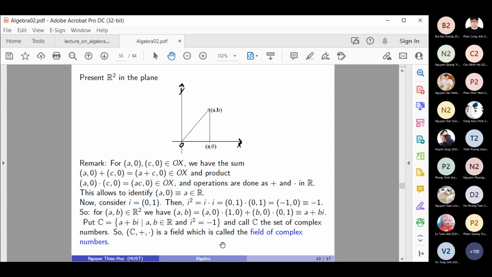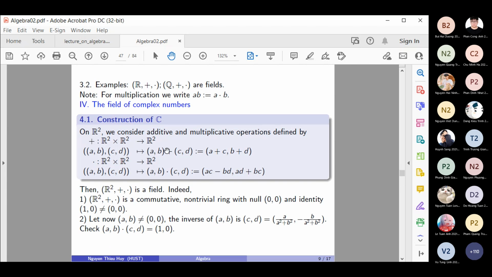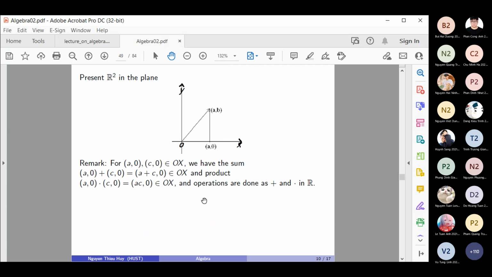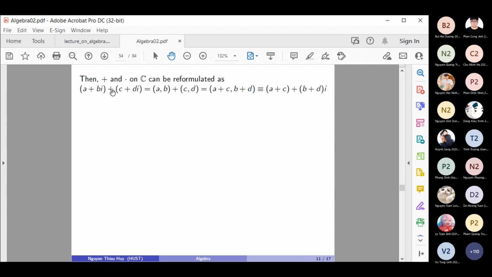Actually, I have to tell you again how to compute addition and multiplication on this set, because if we do it that way in this definition, it's too complicated, and so it should not be done this way. This is so ridiculous. So I will tell you how to compute that. Okay, let's start with the addition.